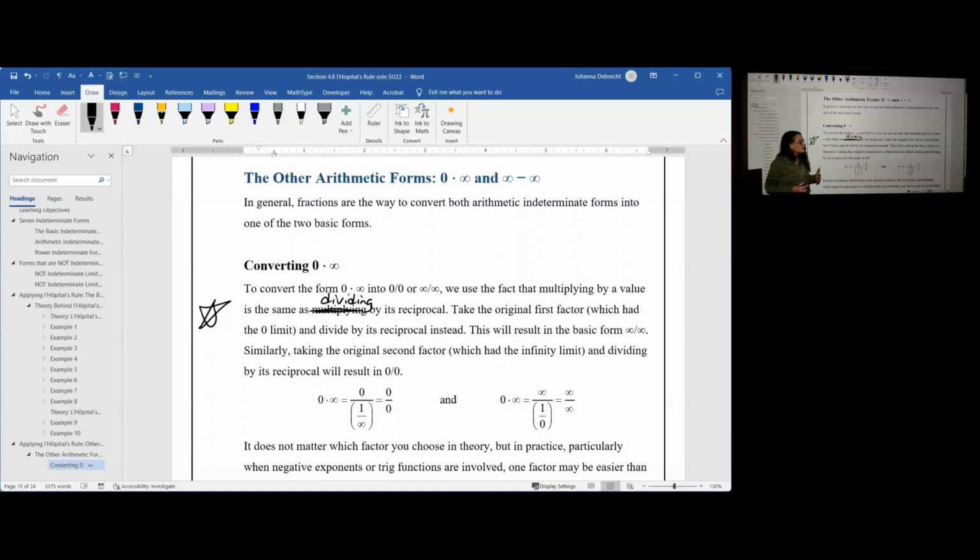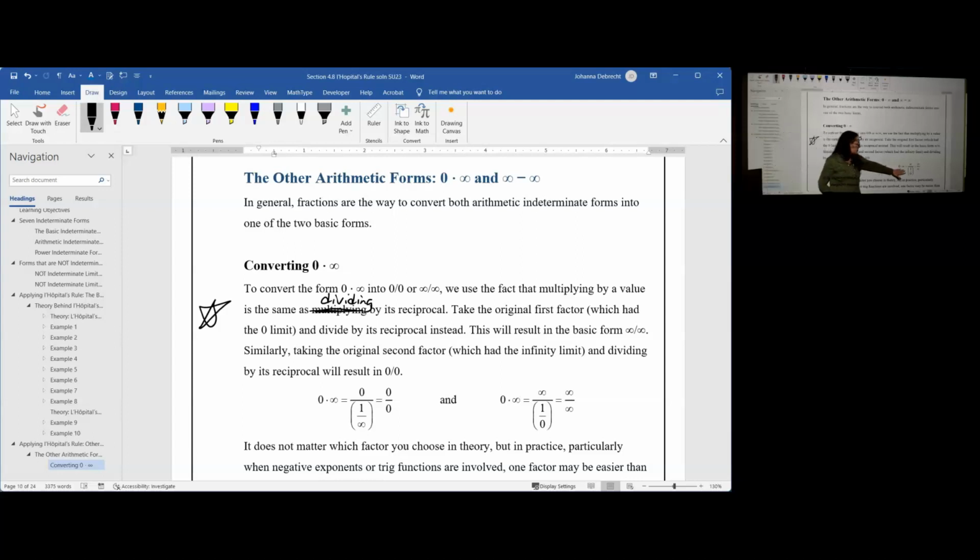In other words, if I want to multiply by 2, it's the same as dividing by 1/2, because the denominator of the denominator is the numerator. We can take the original first factor, which had the 0 limit, and divide by its reciprocal, which would give us 1 over 0.